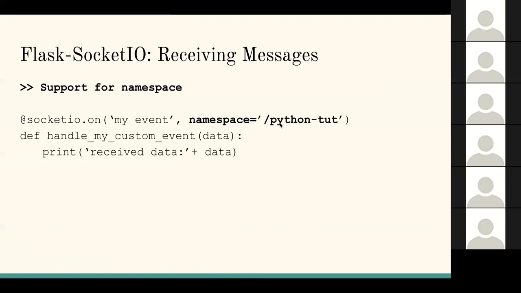When you're sending the request, if you don't specify a namespace, your default namespace is going to be just slash, or home or root. So everyone who is sending data to my event will actually be attached to that namespace. Here you are receiving the message on this namespace, and even when you send, you have to look into the namespace.